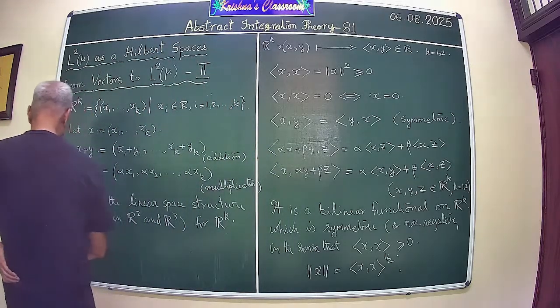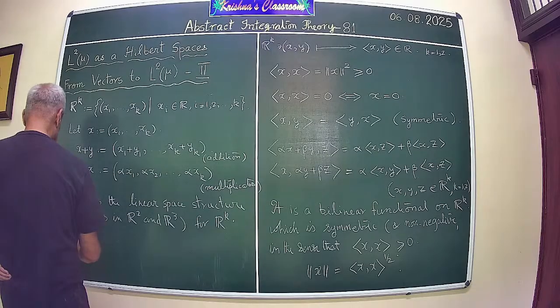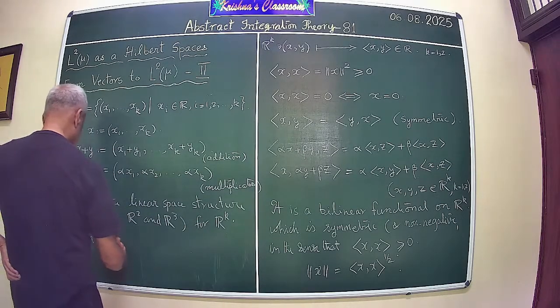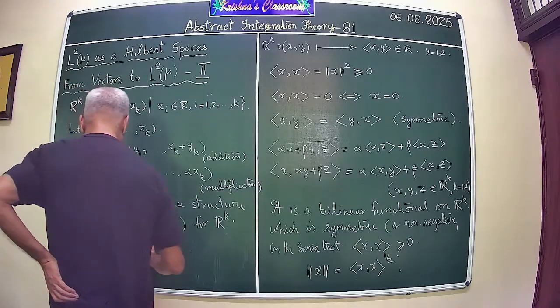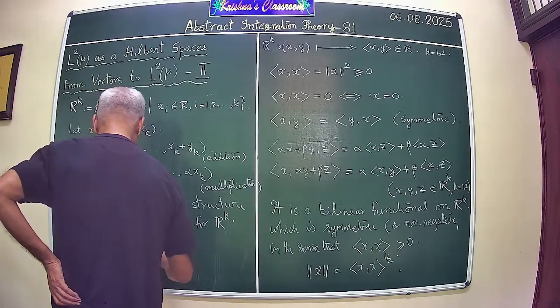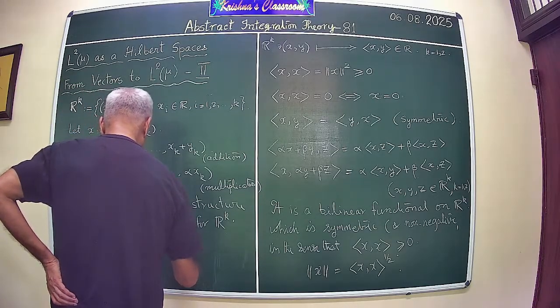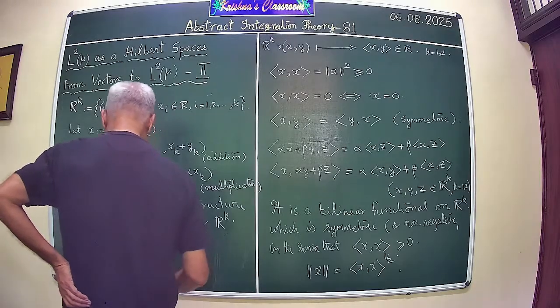One can show that Rk over R is a k-dimensional vector space.